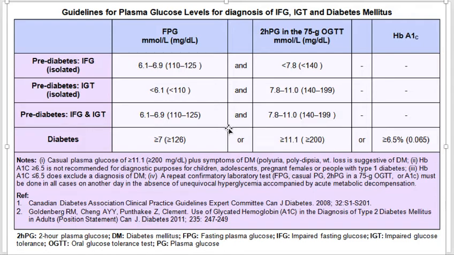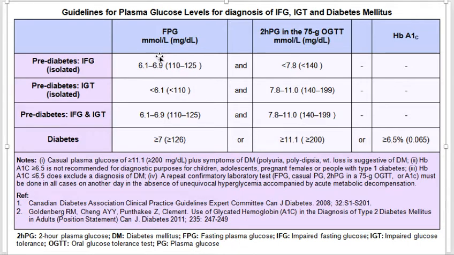So they have a fasting plasma glucose level of less than 6.1. So if you are checking your fasting plasma glucose level and it is coming like 5.8, 5.7, 5.6, even 6, they are considered as normal. So this is about fasting plasma glucose.